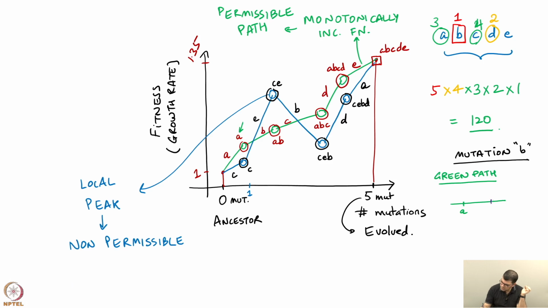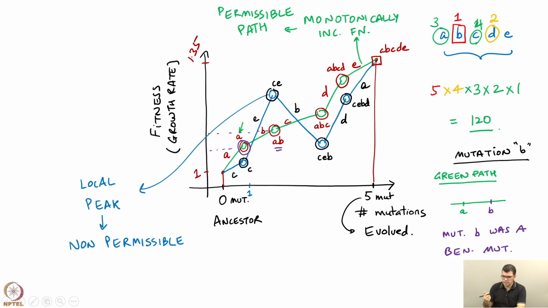As you can see here, going from genotype only A to genotype AB, fitness is increasing from this level to this level. So, acquisition of mutation B on a background where mutation A was already present led to an increase in fitness, and hence on the green path mutation B was a beneficial mutation.